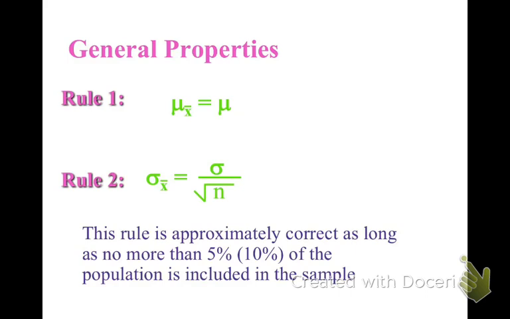If our population is infinite, then we don't have to worry about picking too large of a sample. But for a finite population, we always want our sample to be no more than 10% of the population. Some books use 5. For us, we want our sample to be no more than 10% of the population so that we can use this approximation.